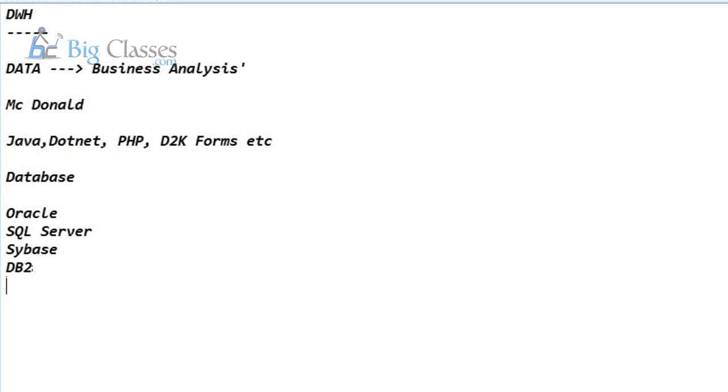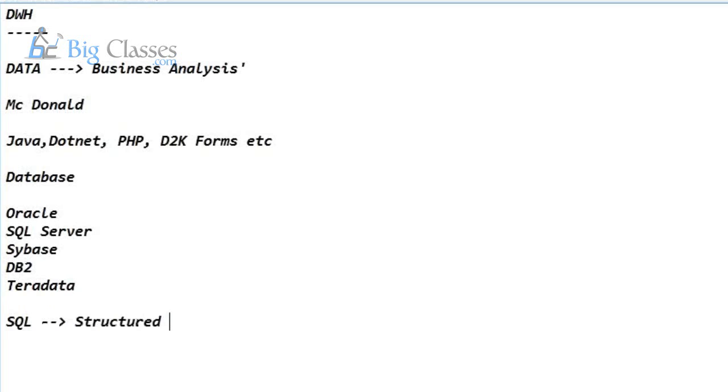These are the different databases that we have. How are we going to interact with a database? You cannot interact with it directly. You need a language called SQL, which is Structured Query Language.